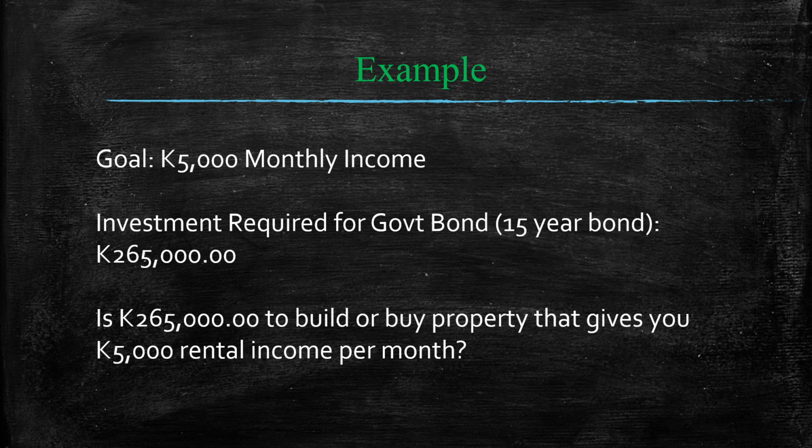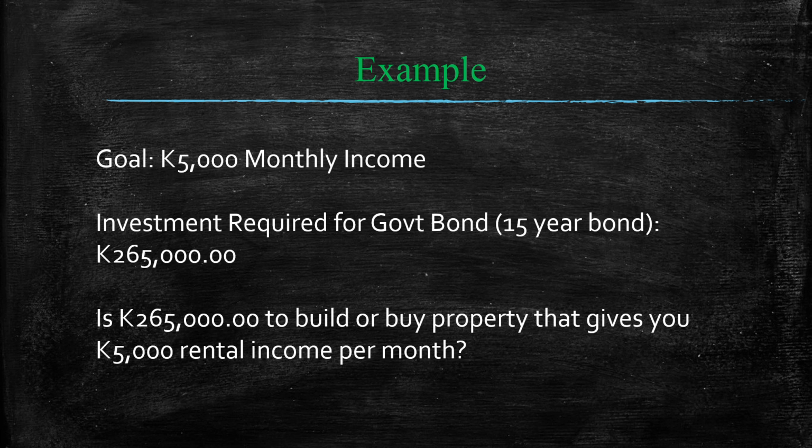If you do the math, you will find that if you invested in a government bond, a 15-year government bond, you would require an amount in the range of 265,000 kwacha as capital investment for it to give you a monthly income in terms of coupons that averages 5,000 kwacha per month for the next 15 years.